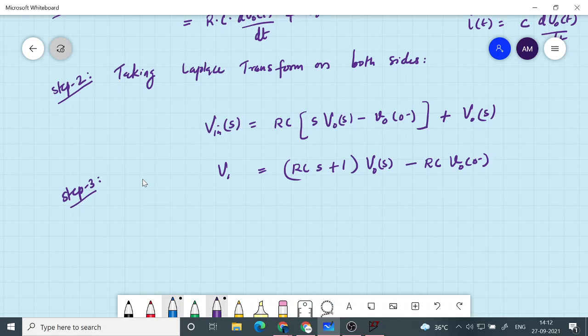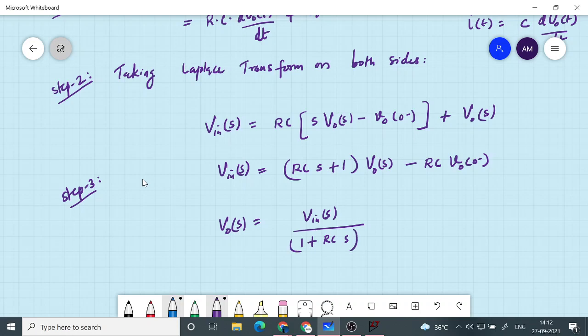So that is our V in of S. So now I will write V0 of S will be equal to V in of S divided by 1 plus RCS.